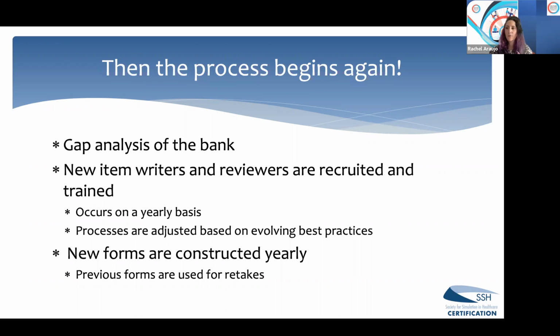We also work closely, with multiple meetings a year, with our folks at Prometric to look at and review our processes, and make sure that nothing needs to be adjusted or changed based on any new best practice in the testing world. For example, probably for the first 2 years of the CHSE exams, item writers could also review.